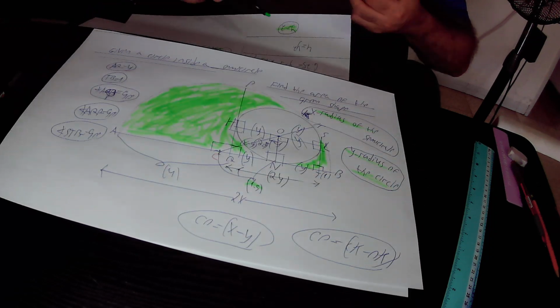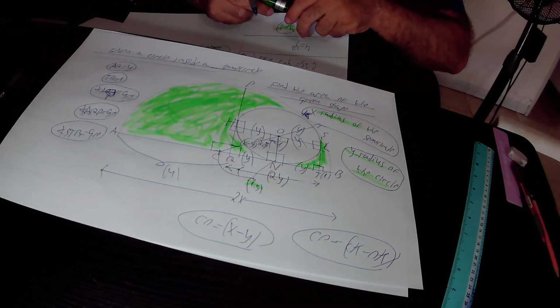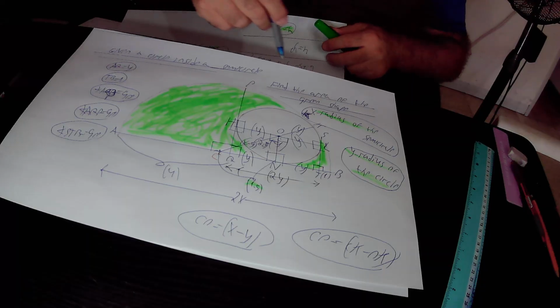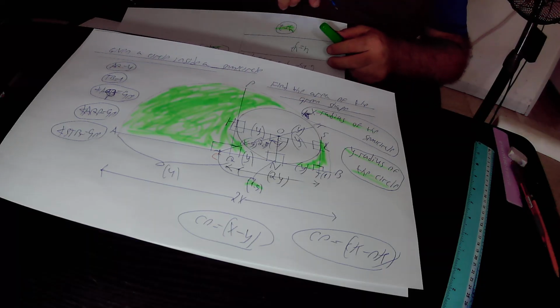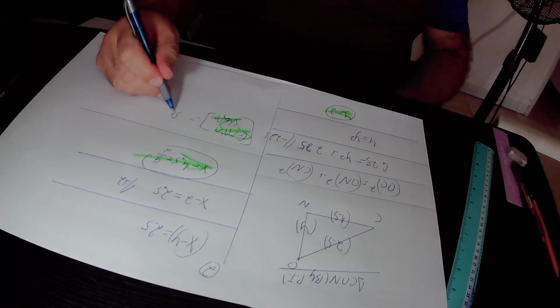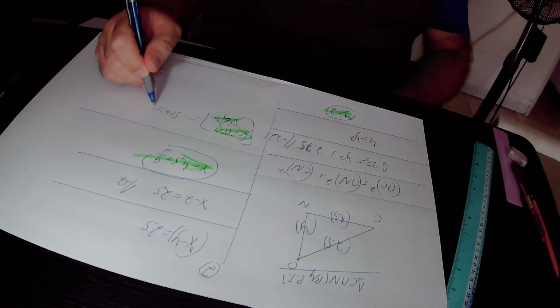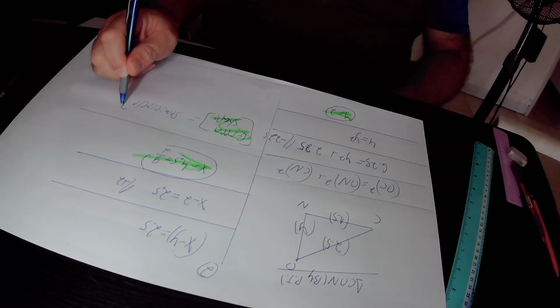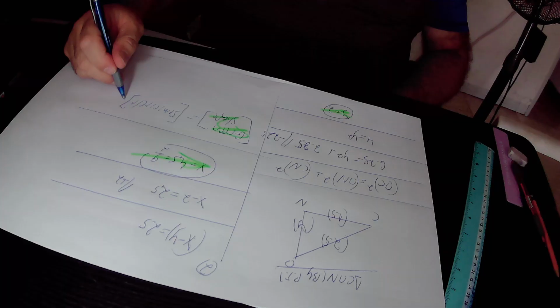From the drawing it is very easy to see that the area of the green shape is equal to the area of the semicircle minus the area of the circle. So again, the area of the green shape equals the area of the semicircle minus the area of the circle.